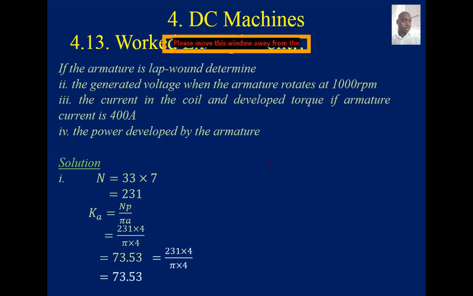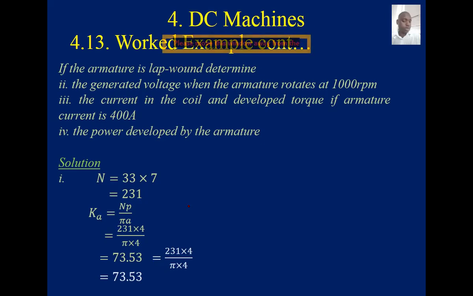Then the current in the coil and developed torque if the armature current is 400 amps, and the power developed by the armature. So those are the things that we have to calculate. So the first thing we want to find is N, the total number of turns.